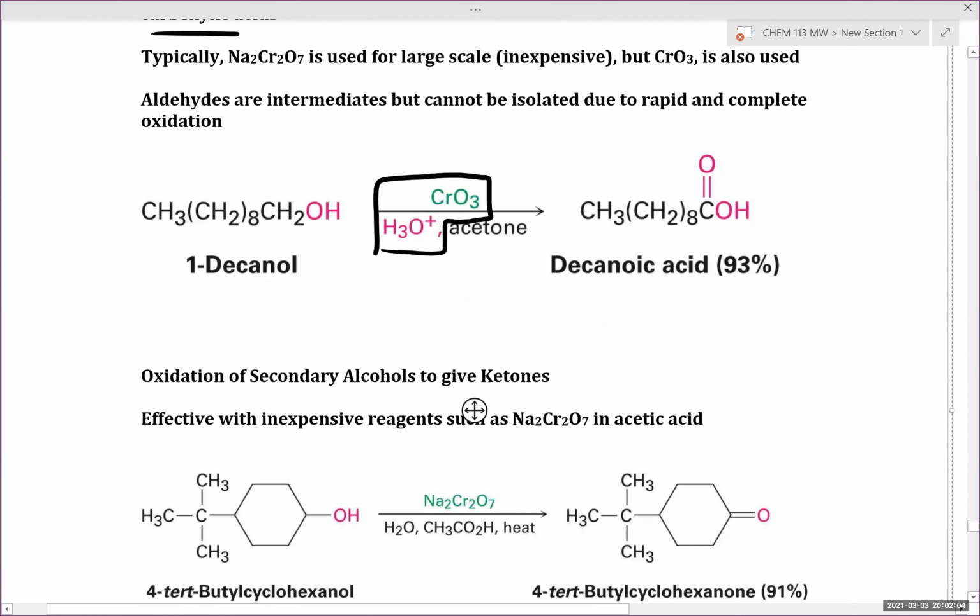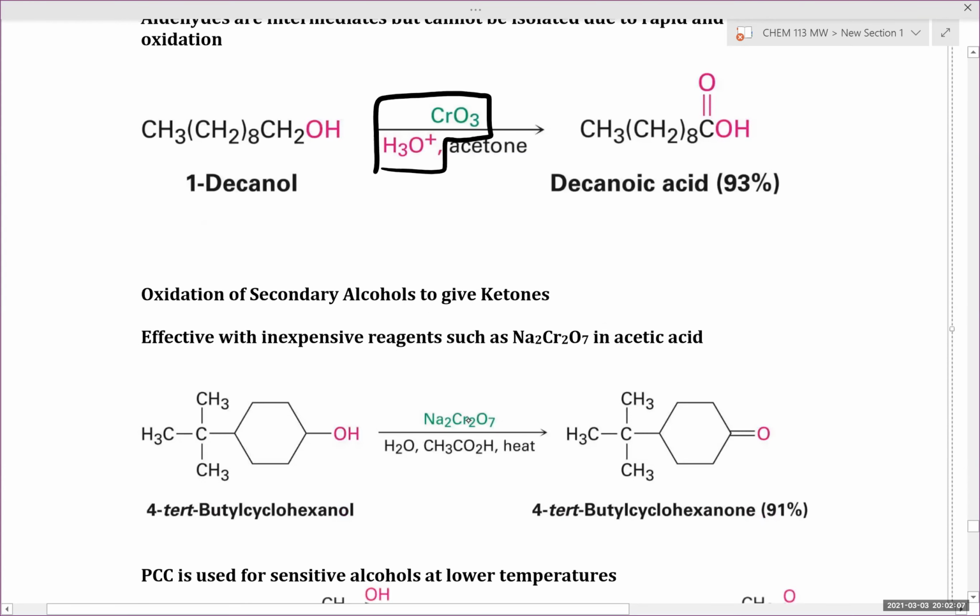Further, if you're dealing with a secondary alcohol, you don't have to worry about over-oxidation, right? So you can use an inexpensive reagent like sodium dichromate, which functions identically to chromium trioxide under acidic conditions. So this allows us to take a secondary alcohol and convert it to a ketone efficiently. Does this idea make sense? Does everyone see why we don't have to be as picky with our reaction conditions when we're dealing with a secondary alcohol?